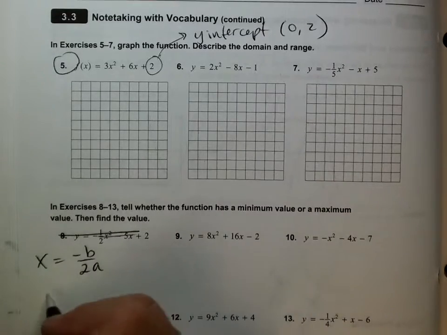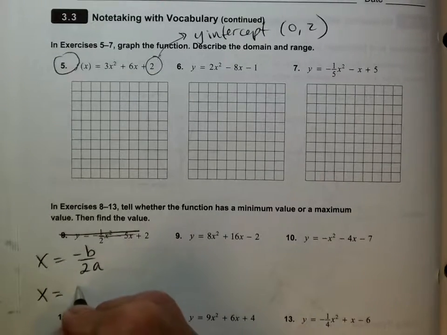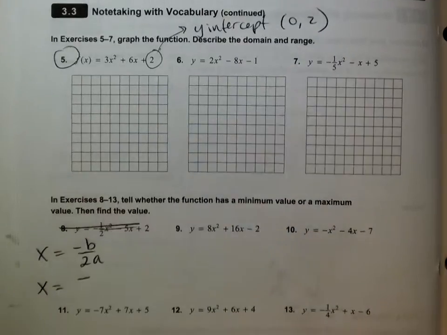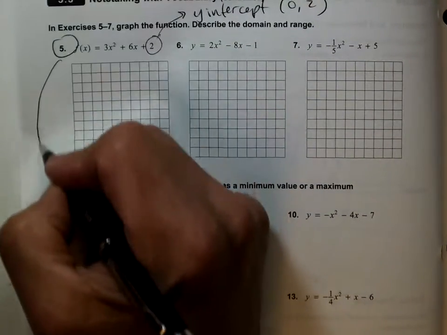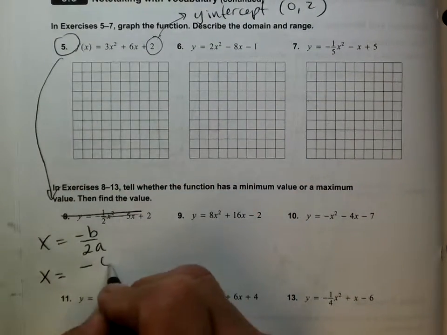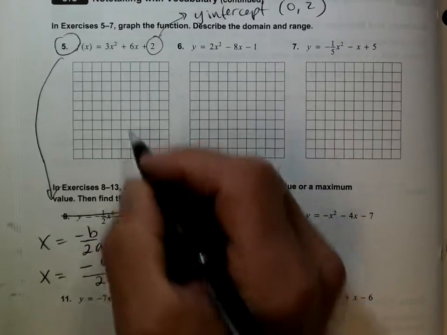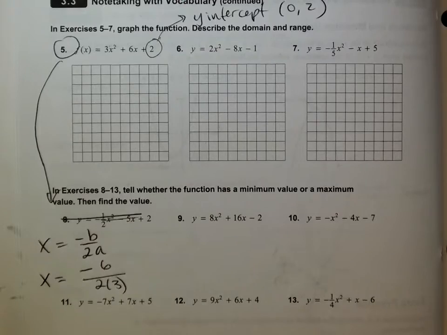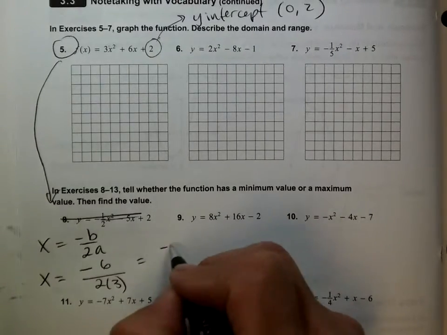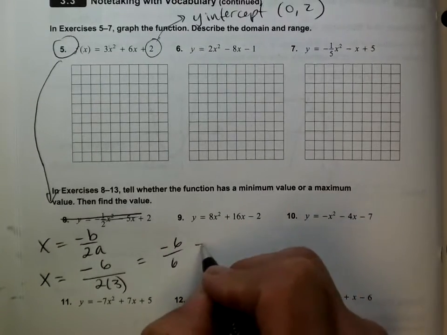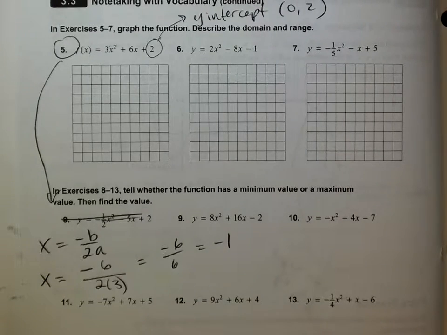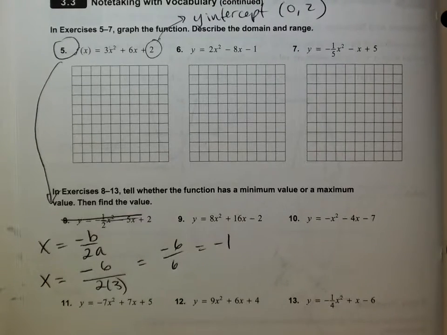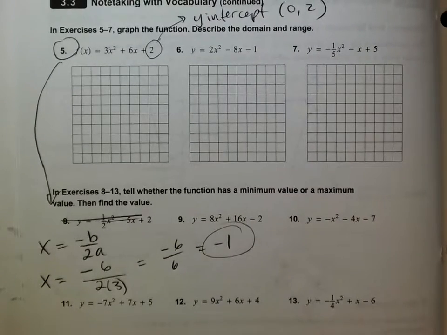I'm going to have x equals negative 6 over 2 times 3, which is negative 6 over 6, which is negative 1. So far, so good? I know my line of symmetry is at negative 1.